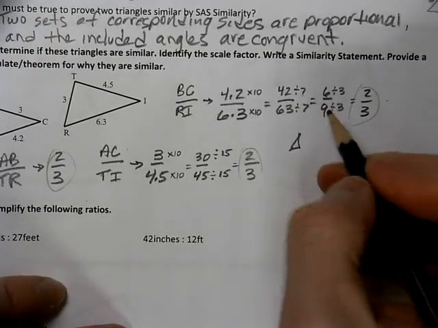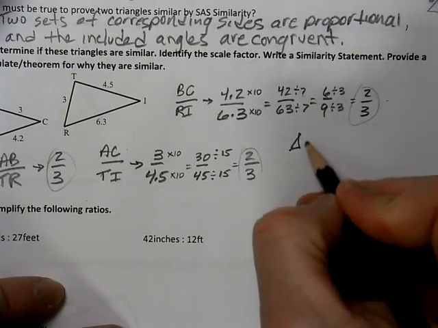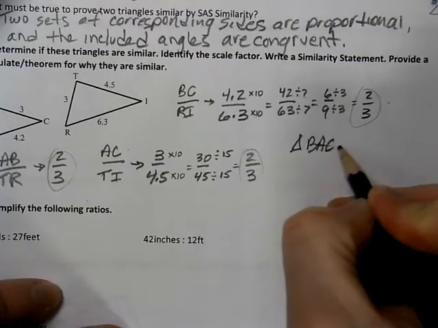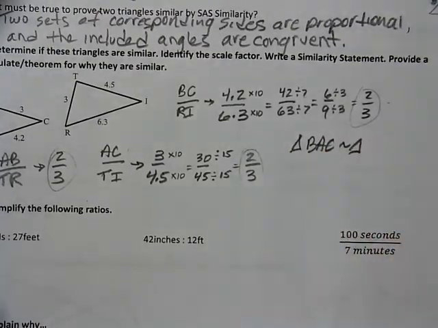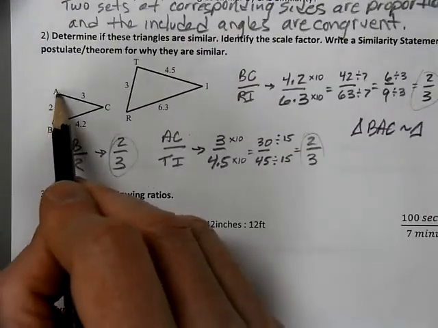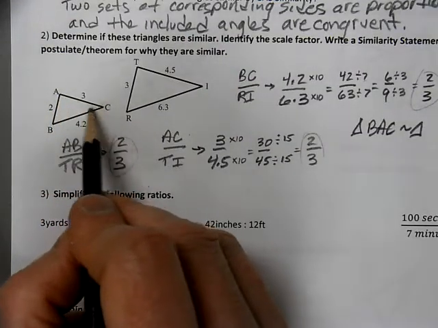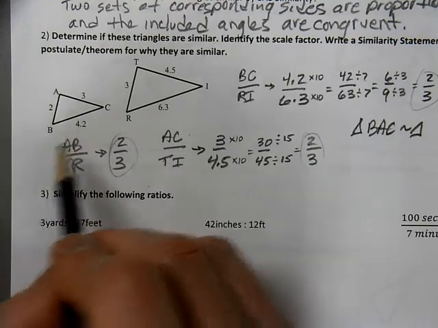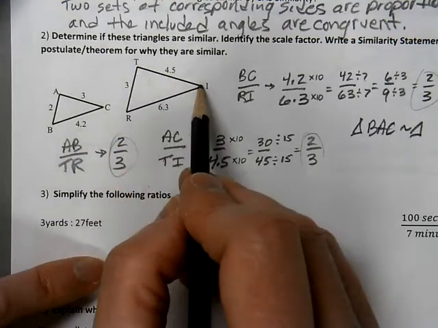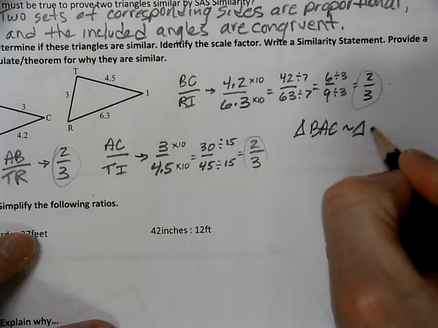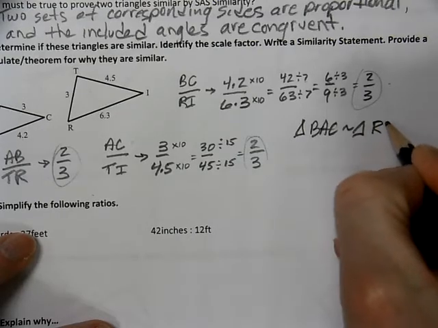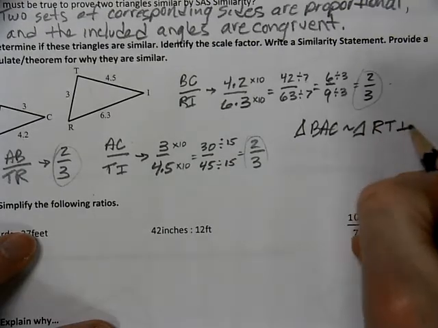So now my triangle BAC, I can name that first triangle in any order I want. So I went down the small side, down the medium side, and then back down the longer side. So small, medium, and large. So that's got to be RTI.